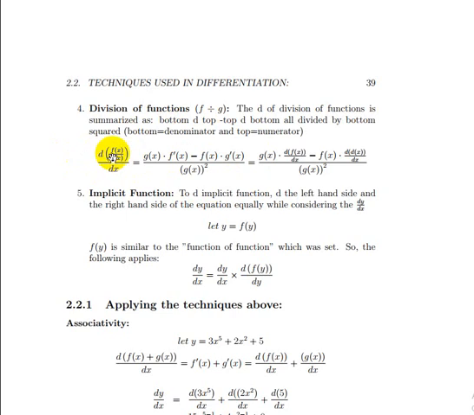You take the denominator function and multiply it times the differentiation of the numerator function, then subtract the numerator function times the differentiation of the denominator, all divided by the denominator function squared. So this is the division of functions.